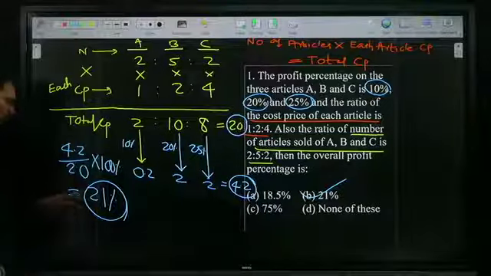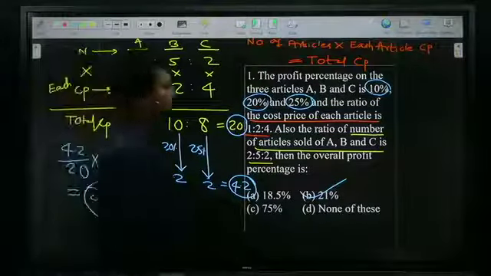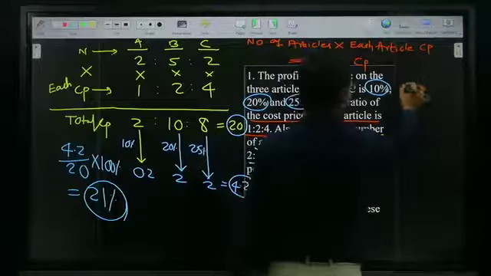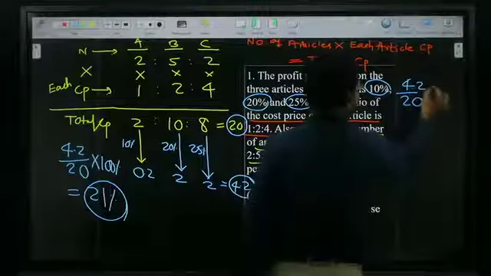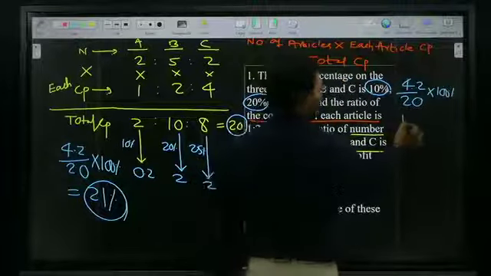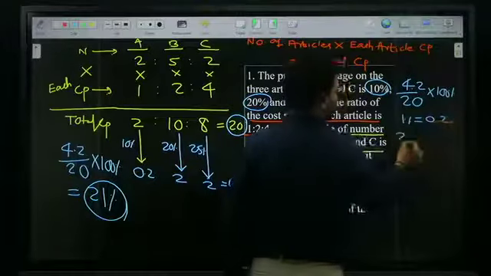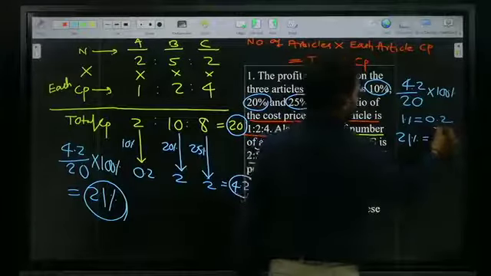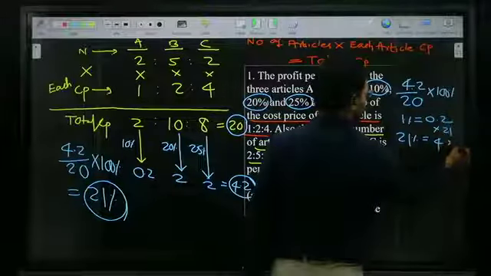So here 20 is nothing but 100%. The denominator is 20, so 4.2 by 20 into 100. 1% is nothing but 0.2. So 21% is nothing but 21 into 0.2, which is 4.2.